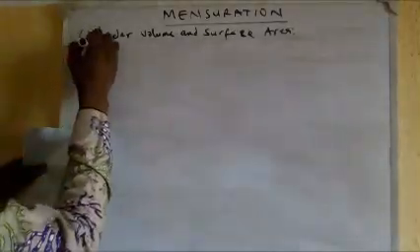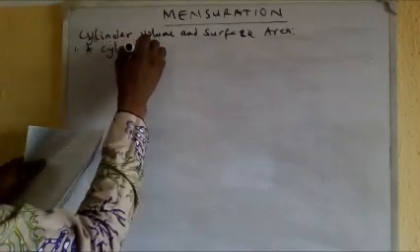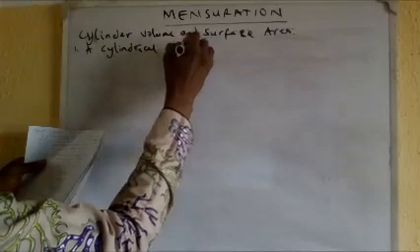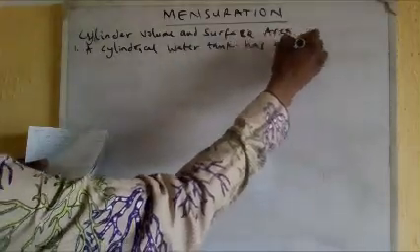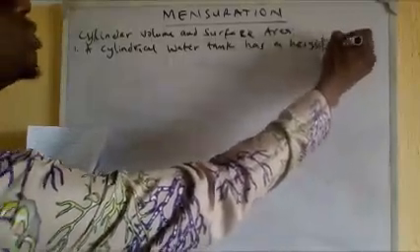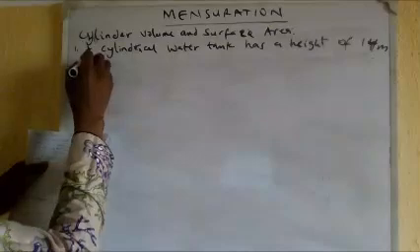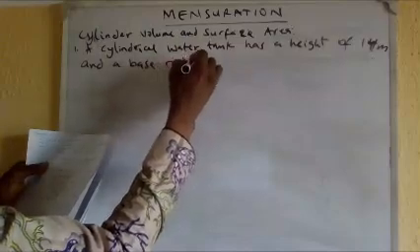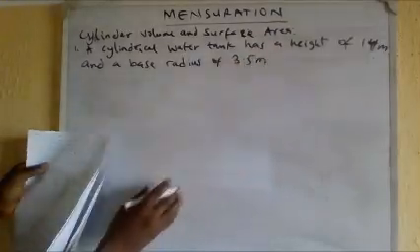The question here is a cylindrical water tank has a height of 14 meters and a base radius of 3.5 meters.